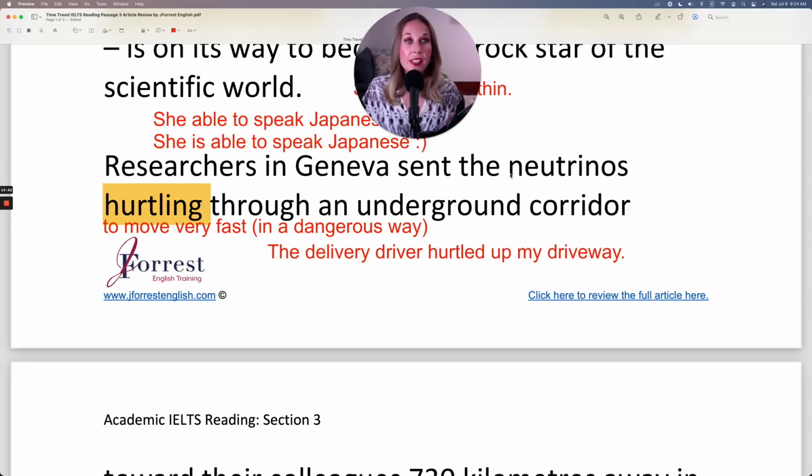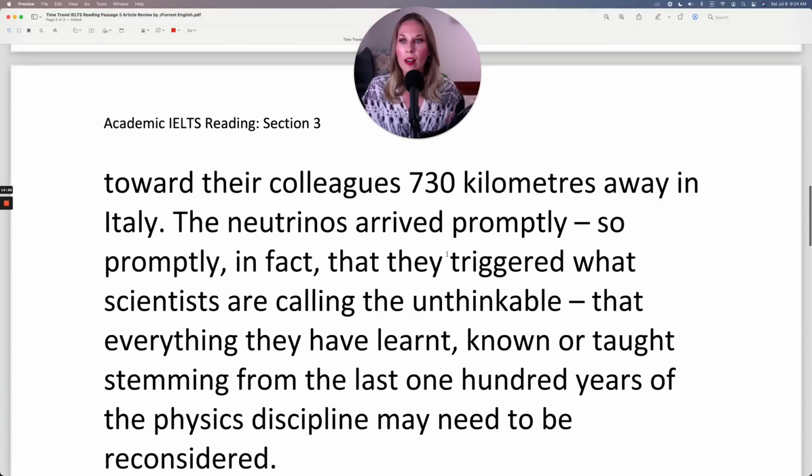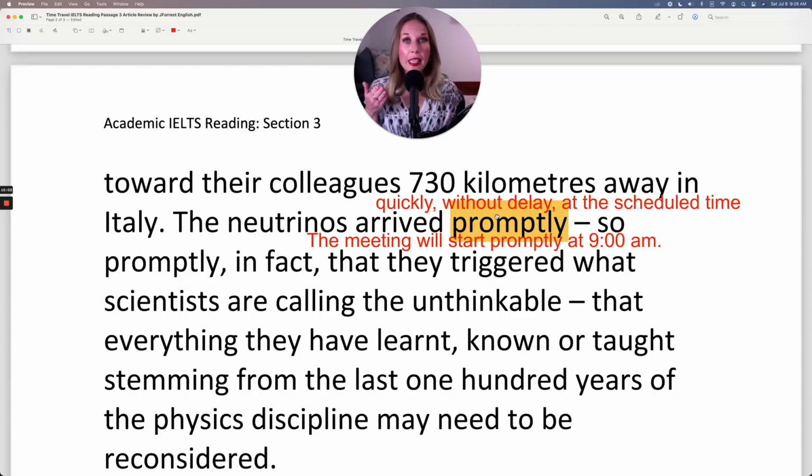Researchers in Geneva sent the neutrinos hurtling through an underground corridor toward their colleagues, remember, their colleagues 730 kilometers away in Italy. The neutrinos arrived promptly. Promptly is an adverb, and it means quickly, without delay, but also at the scheduled time.